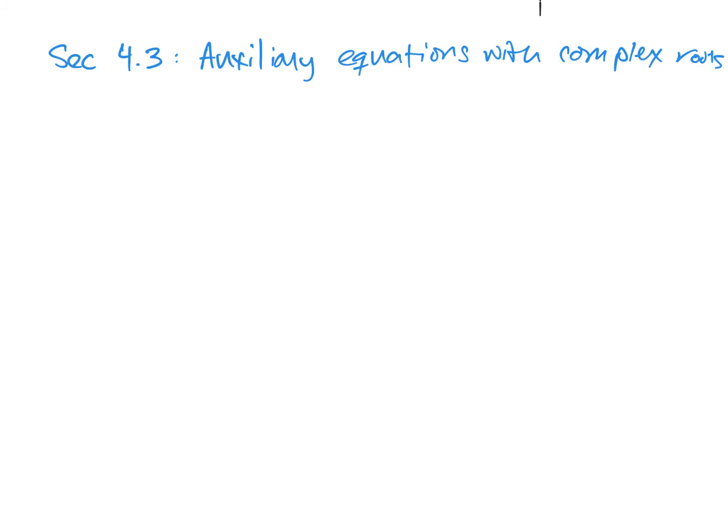Hi class. In this video, we're continuing our discussion from section 4.2, where we were looking at second order linear equations with constant coefficients that look like a y double prime plus b y prime plus c y equals 0.